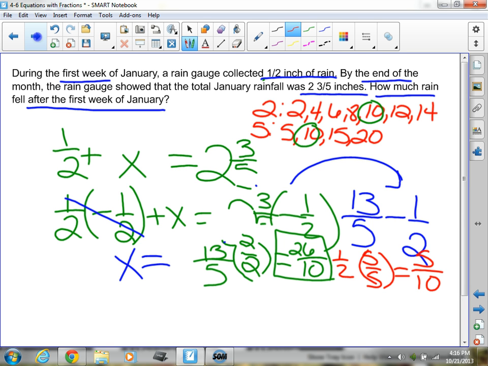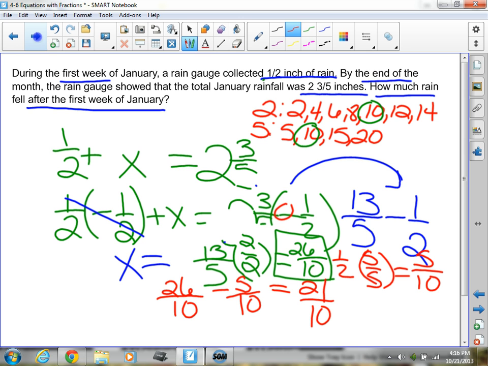So I now have 2 new fractions, and I know this board looks kind of messy, but I hope you can follow along. So I have 26 over 10. I know that I was subtracting, so minus 5 over 10. 26 minus 5 is 21. And the denominator stays the same.